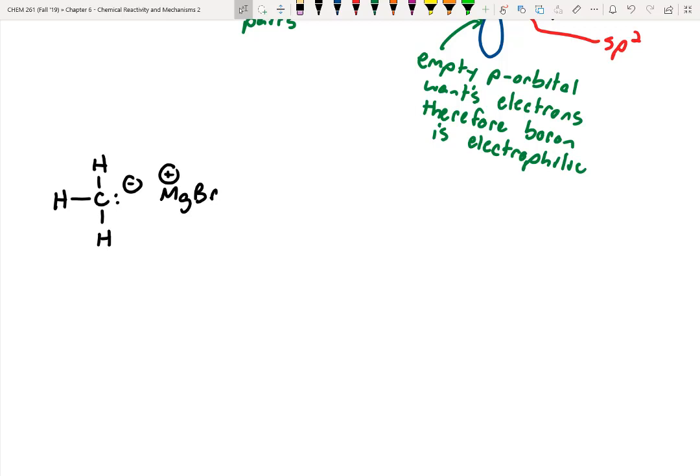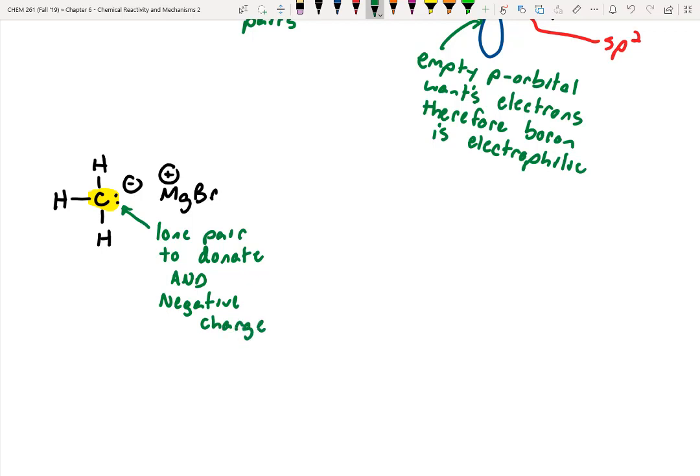Carbon not only has a lone pair, but it even has a negative charge. So it's got a lone pair to donate, and a negative charge. If we think about stability, are carbon atoms typically happy with the negative charge? No. So it really wants to get rid of those electrons to become more stable. So this is going to be an incredibly strong nucleophile.